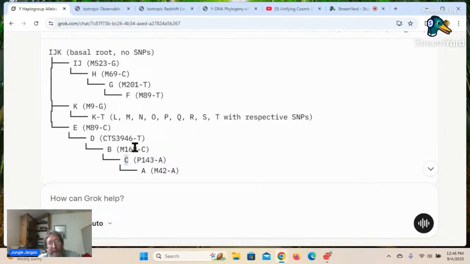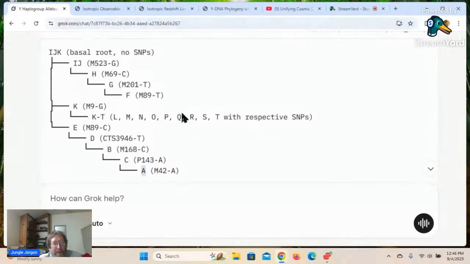He did not go to Africa. B went to Africa. So all of Nimrod's brothers and cousins thereafter did not have this marker.